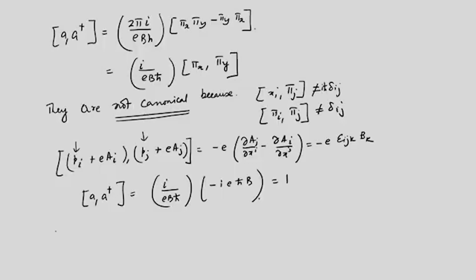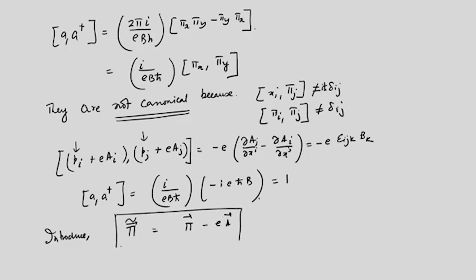Okay. And we can introduce another variable. So, introduce a pi tilde. This is of course a vector, pi tilde. This is equal to pi minus e A. Okay.